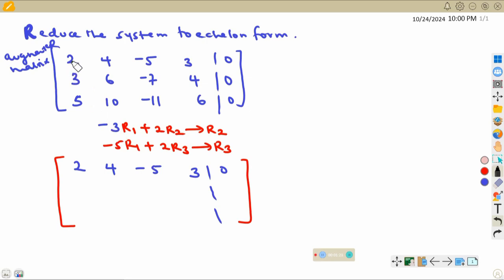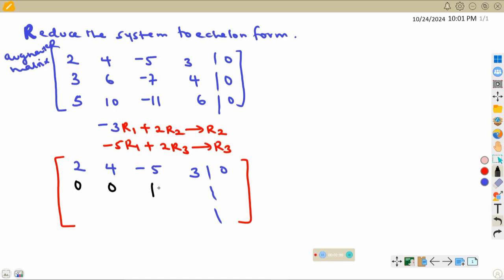So -3 times 2 plus 2 times 3, we shall get -6 plus 6, which is 0. This is -12 plus 2 times 6, which is -12 plus 12, that will also give us 0. Then the next one, -5 times -3, which is 15, plus -14, this will give us +1.